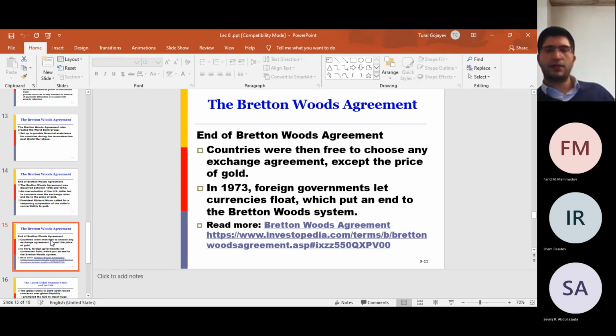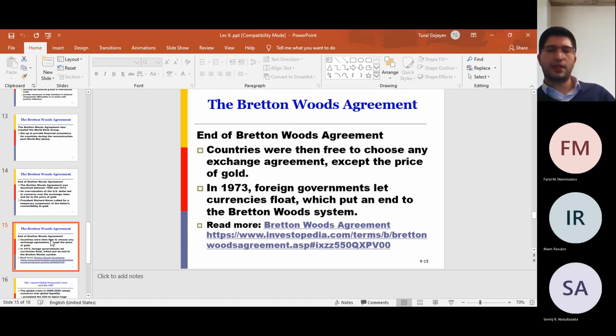This is not a stable currency. This is changing. So in 1973, foreign governments let currencies float in the United States and in different countries, which put an end to the Bretton Woods system.